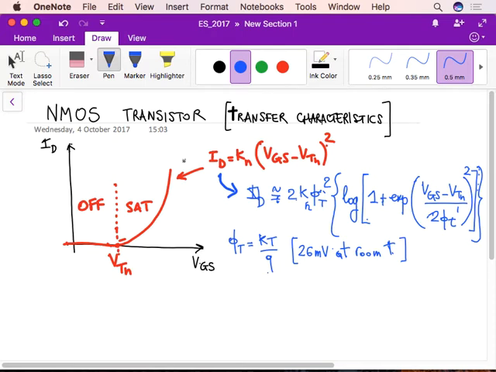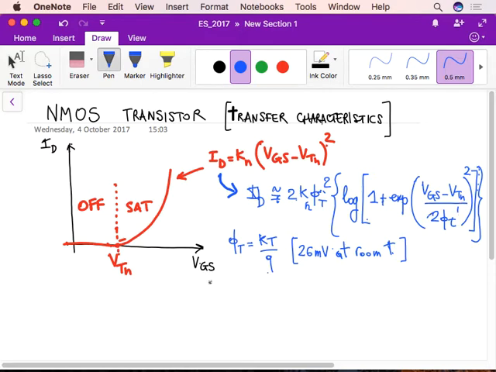So we can simply derive the expression written here in red if we assume that the argument of the exponential, VGS minus VTN, is much larger than 2 phi t.